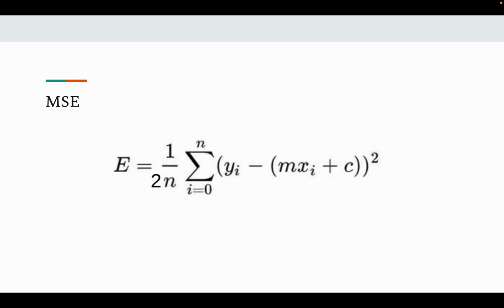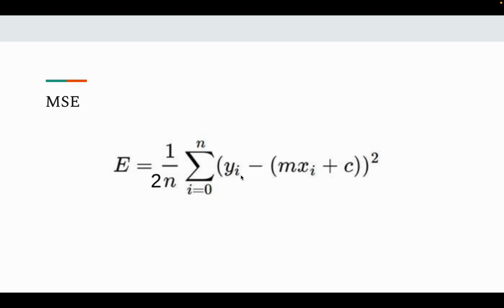Mean square error. This is the formula of MSE: E is equal to 1 by 2n, sigma i is equal to 0 to n, of (yi minus (m xi plus c)) all squared. We can discuss each and every variable here. This yi means a single record, the actual y value.